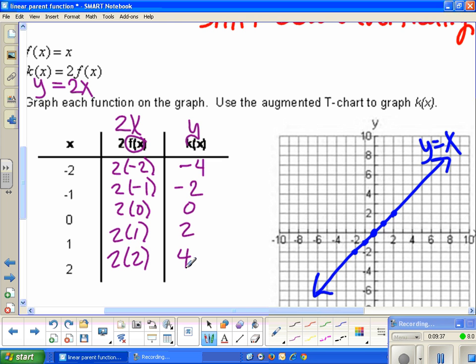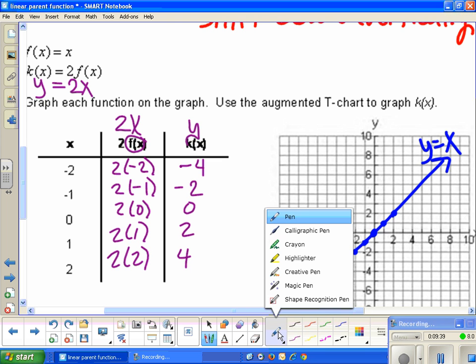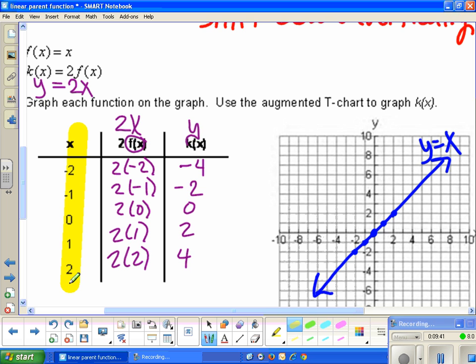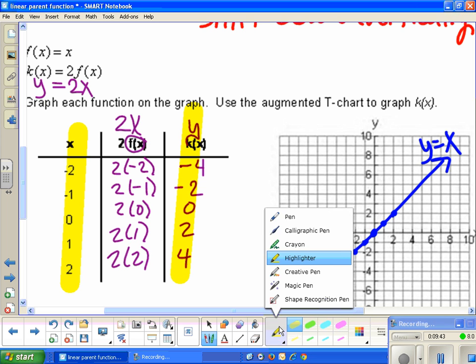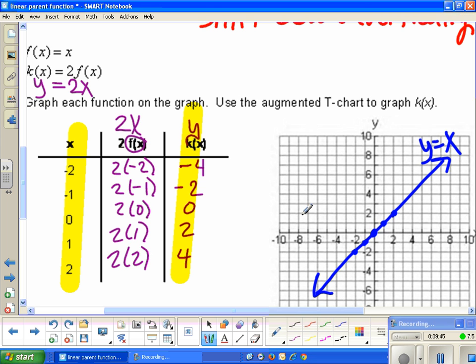2 times 2. So, again, we're plotting x and y. So we want 2, negative 4. 1, negative 2. 0, 0. 1, 2.